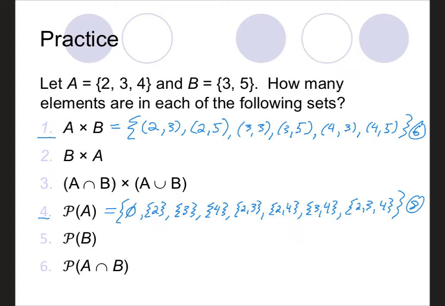If you want to know how many elements are in A cross B, it's how many elements in A multiplied by how many elements in B. So in this case, we would get 3 times 2, which is our 6. And for the power set, there's also a nice one.